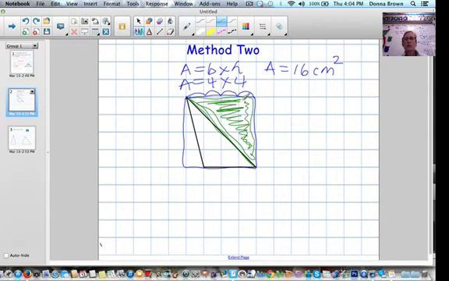This half of that rectangle is just going to be exactly half of the 16. So the area for this part right here, the green, I'm just going to say part instead of triangle, is equal to 8 square centimeters.